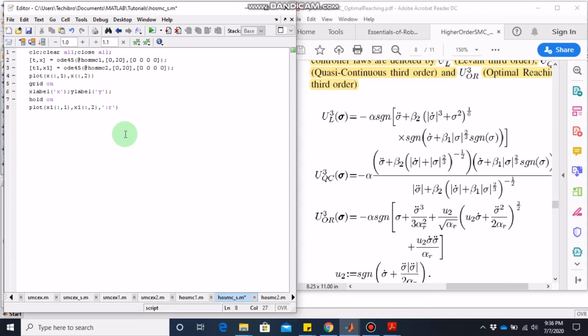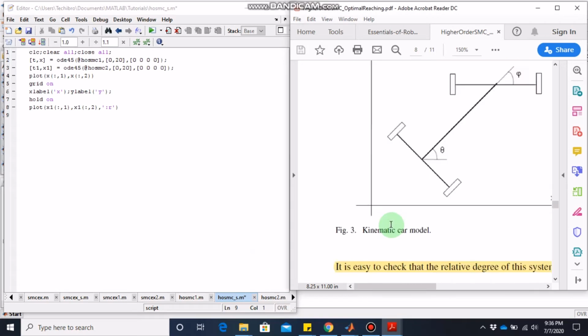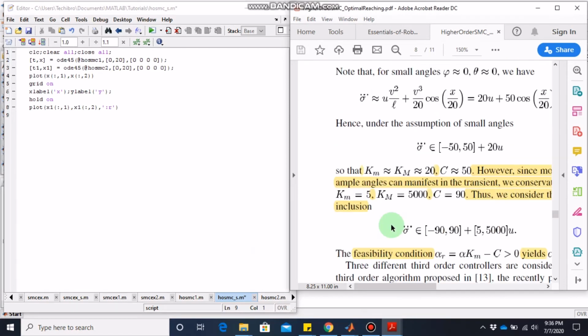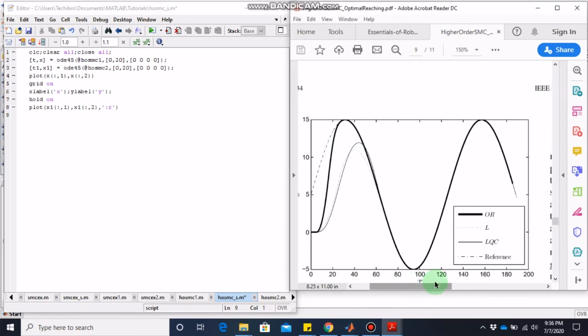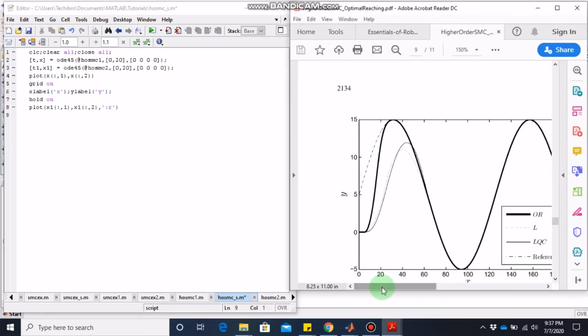And then what else I can do, if I look back into this research paper, is that they have also plotted this reference trajectory as well. So if I want to also compare the reference trajectory, I don't have to solve any differential equation. You can see here that the x values go from 0 to about 180.